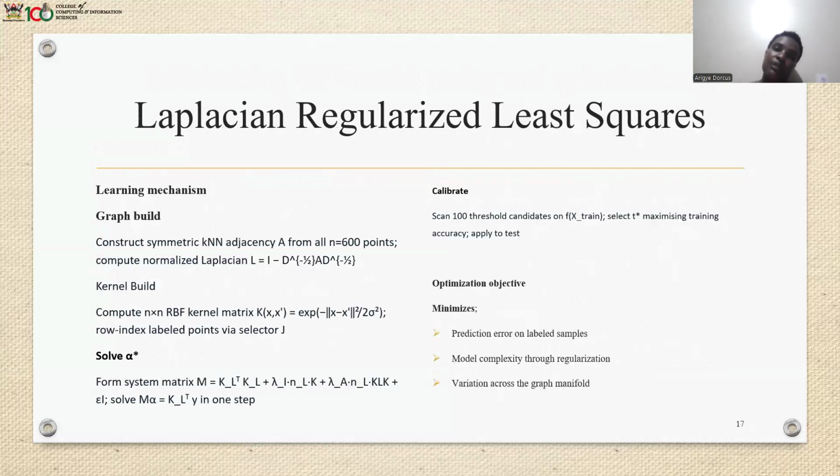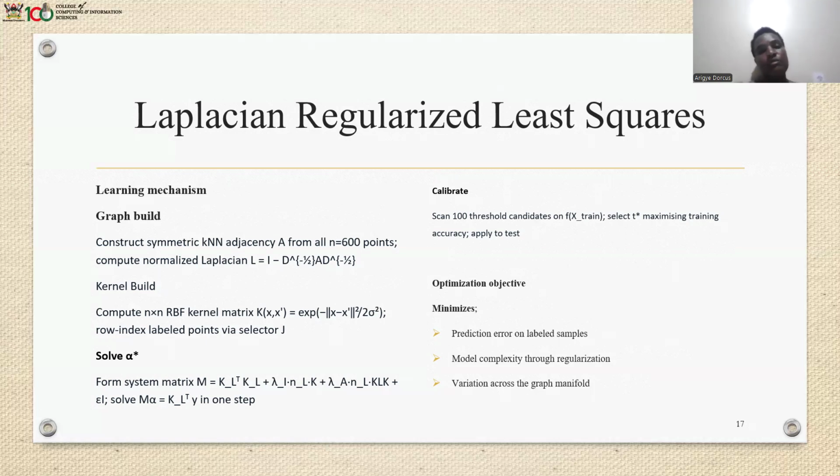Then we have the Laplacian regularized least squares optimization. Learning is done by solving a mathematical optimization problem. The model balances three things: fitting the labeled data correctly, keeping the model simple, and maintaining smoothness across the graph.